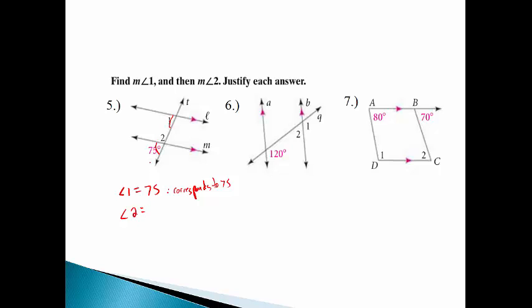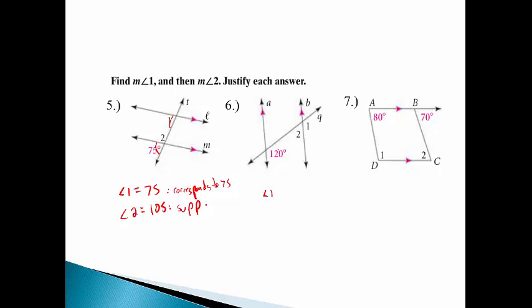Both in the lower left, so they are both corresponding, which means angle 2 would have to be 105 for a variety of reasons. These could be same side interiors, or you could say 75 and 2 are supplementary. So let's just go with they're supplementary, since that's not new.